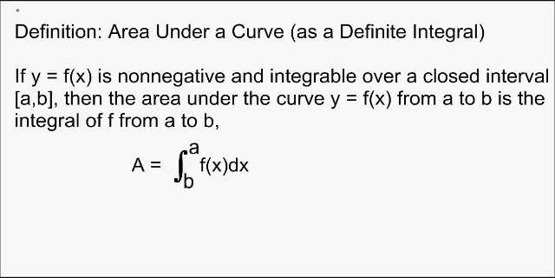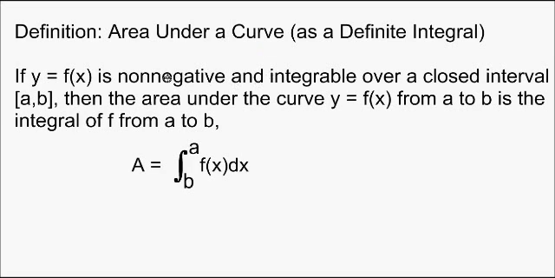Definition of area under a curve as a definite integral. I've mentioned this a couple times now, so it's good that we're talking about it. If y equals f of x is non-negative and integrable over a closed interval a, b, then the area under the curve y equals f of x from a to b is the integral of f from a to b.